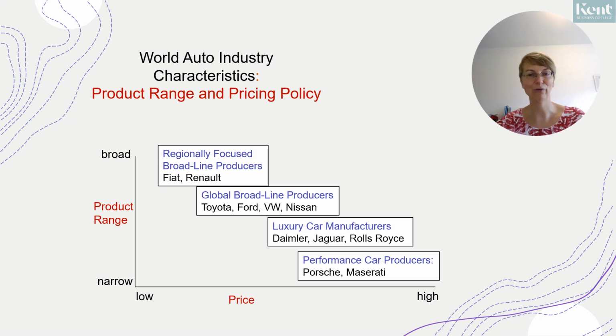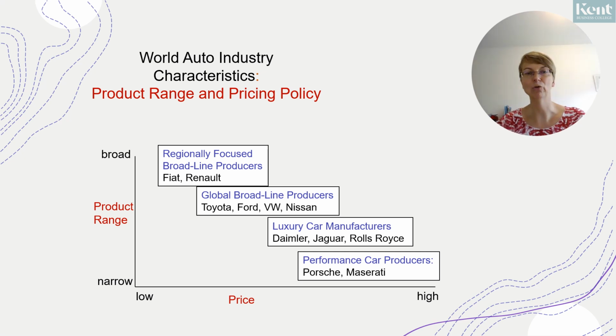When we think of high-performing cars, Porsche and Maserati could probably be in one cluster, in one strategic group. And you could have maybe luxury car manufacturers here, Daimler, Jaguar, Rolls-Royce, maybe in one group. Then you have the typical middle-class cars that offer a wide range of models, such as Toyota, Ford, Volkswagen, Nissan maybe as well.